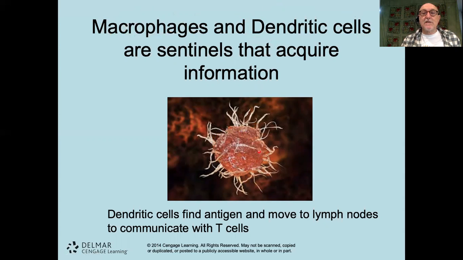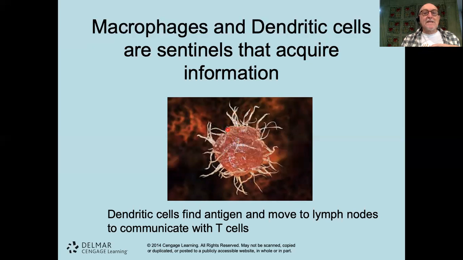Okay, here's the dendritic cell. You can see it has all of these extensions, they're hair-like extensions. The dendritic cells are phagocytic. They will eat bacteria, for example, and they will digest it. And then they will put antigenic information out on these hairs. The dendritic cells are also very good at picking up virus.